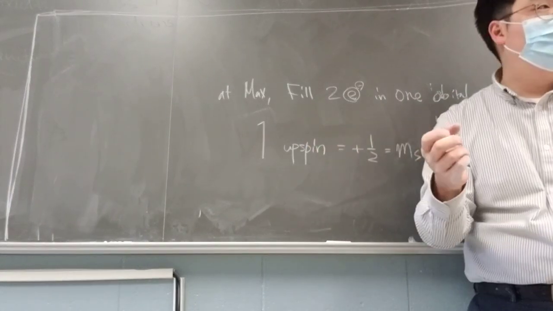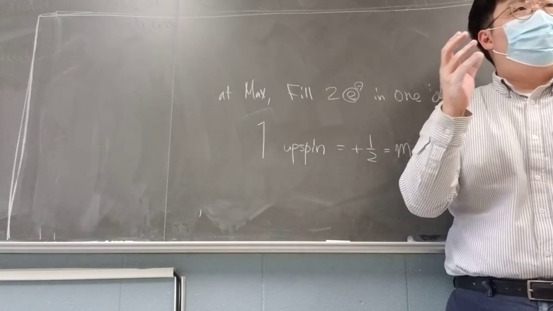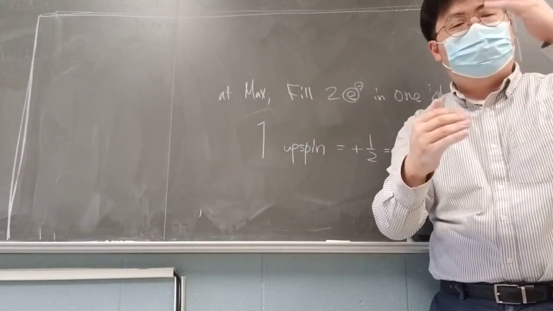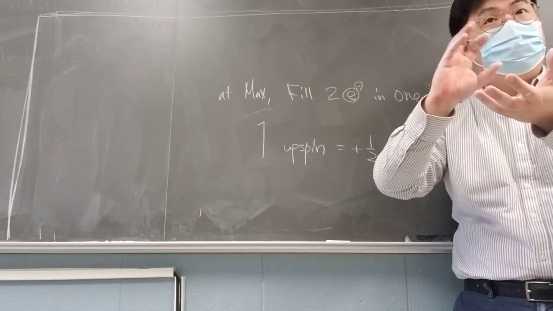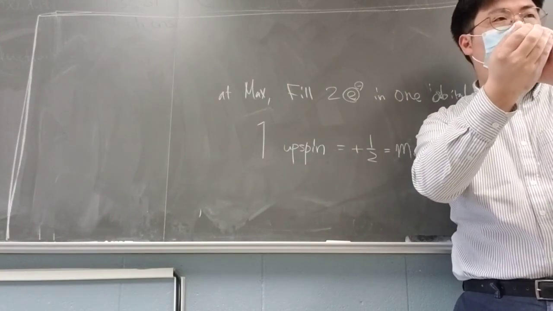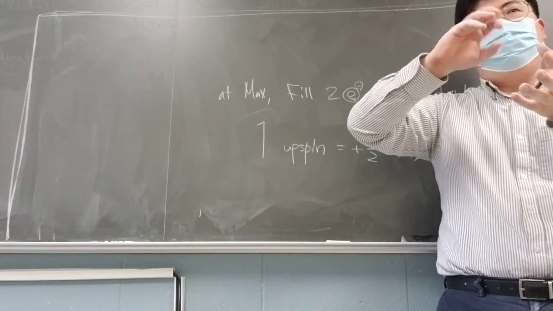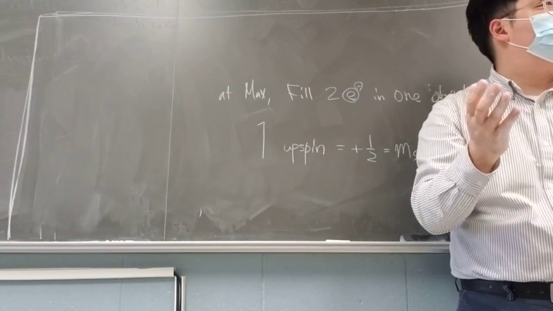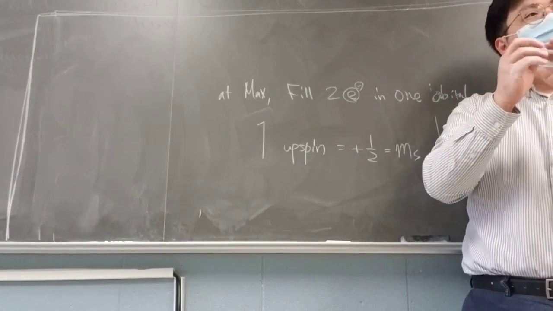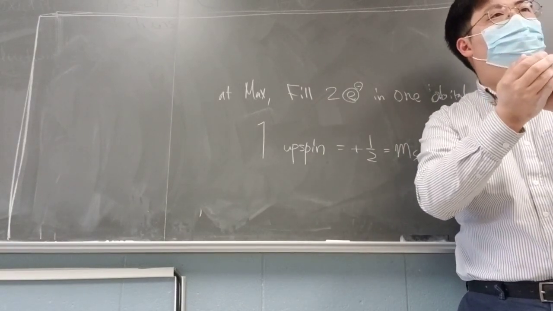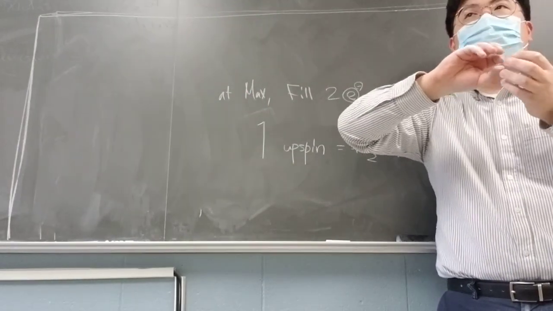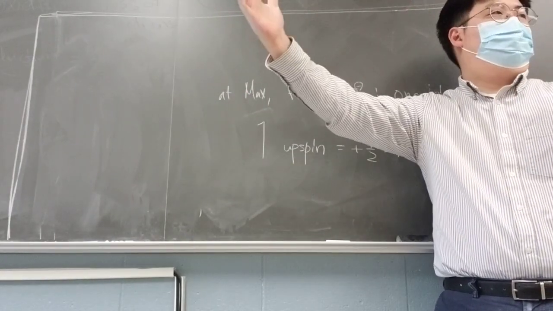Obviously, the electron has a negative charge, right? If anything that is charged moves, it generates a magnetic field. This is how we find it in physics. We don't know why, but anything that is charged, if it moves, rotates, or moves to another place, creates a magnetic field in the space.